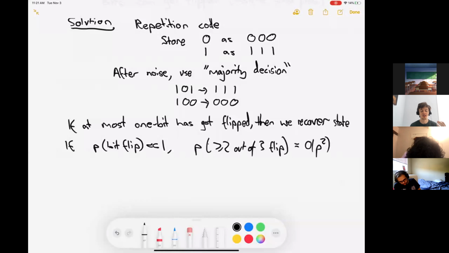Okay, so by using this repetition code to store the data, we've dramatically decreased the chance of an error happening. Okay, an unrecoverable error happening.